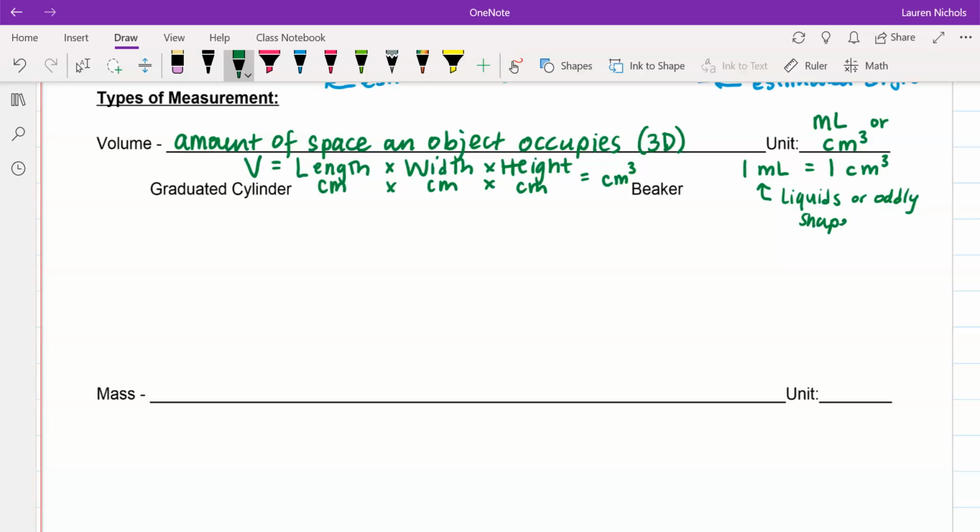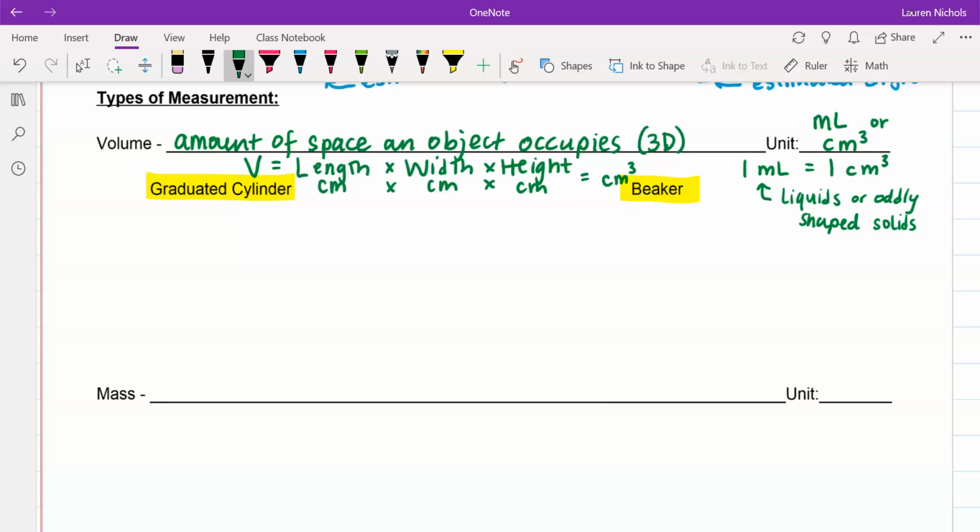Okay, if it's got a weird shape, we use water displacement as a way to figure out its volume, and we will talk about that more when we discuss density in Unit 2. Now, the two instruments that we're going to use are a graduated cylinder and a beaker. That's going to be the big ways that we measure volume in chemistry.